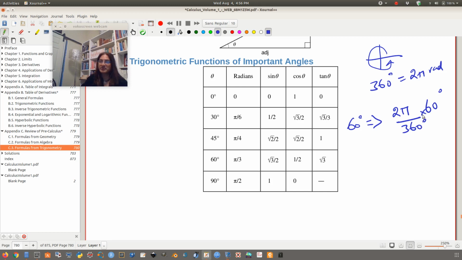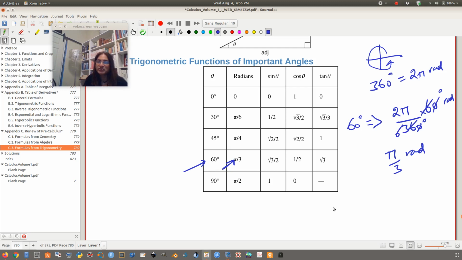So you cancel the degrees and degrees and you get the answer in radians. So this would be pi over, so 0, 0 cancels. This is 6. 3 pi over 3 radians is 60 degrees. 60 degrees is pi over 3 radians. And so on. You can get all the radians in terms of degrees and the other way around.